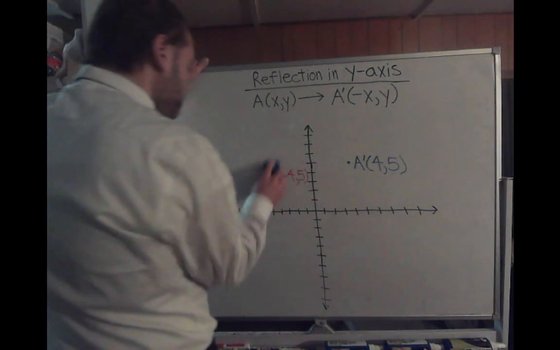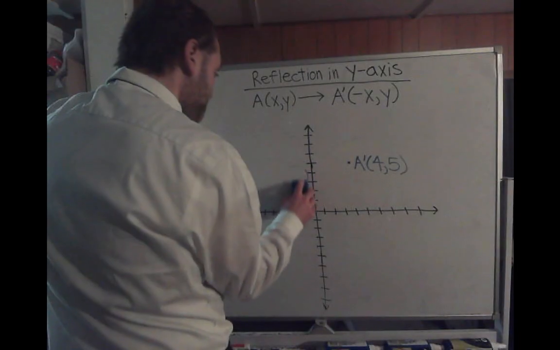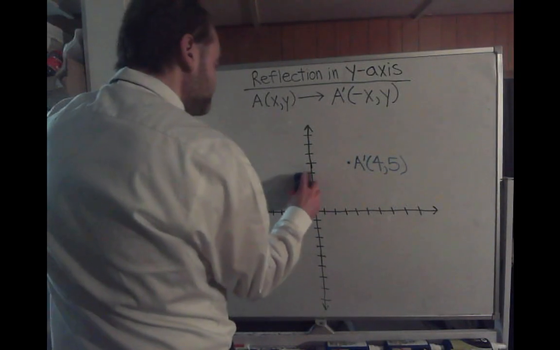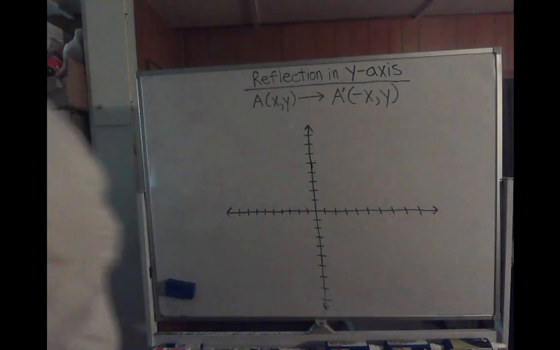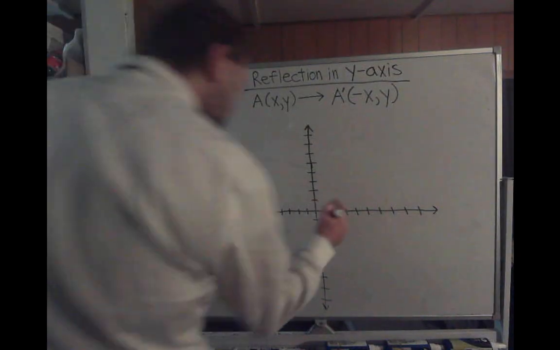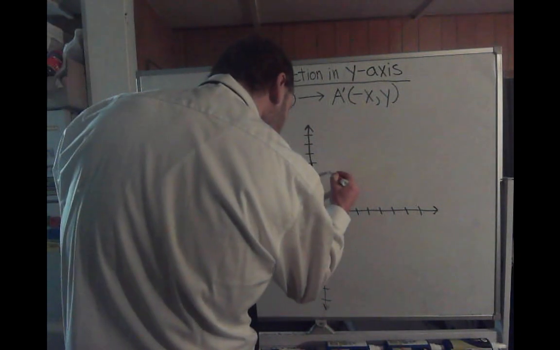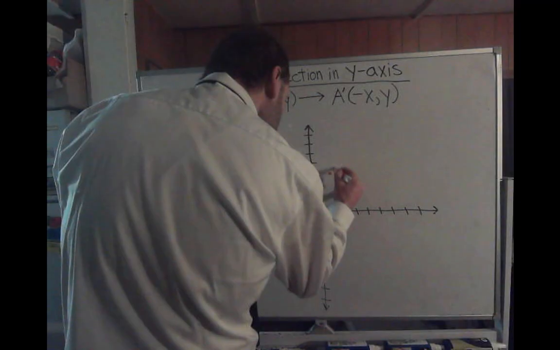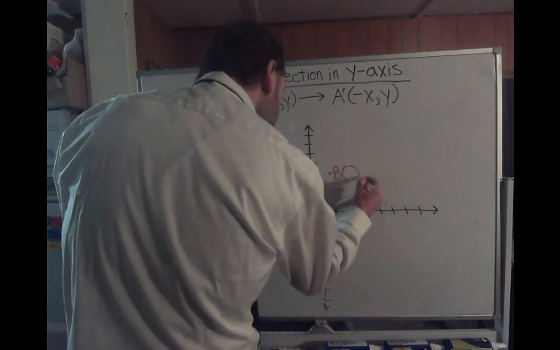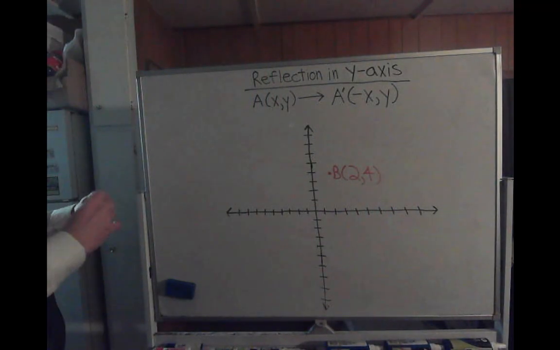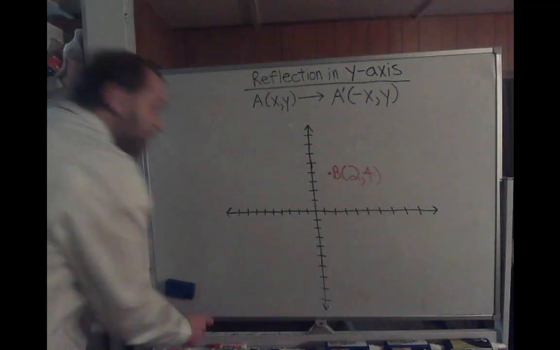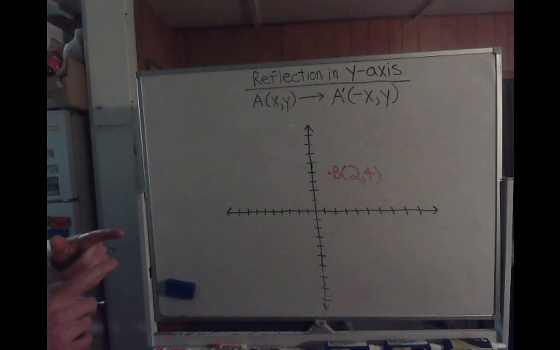Alright, let's do a few more points here. What about point B, which is found at 2, 4? So my point B is at the point 2, 4. I want to find B prime by reflecting in the y-axis.